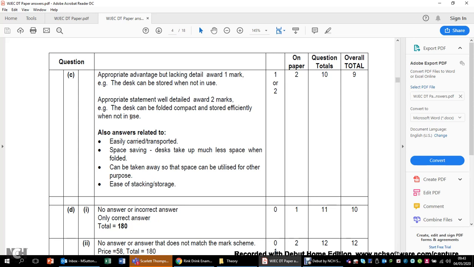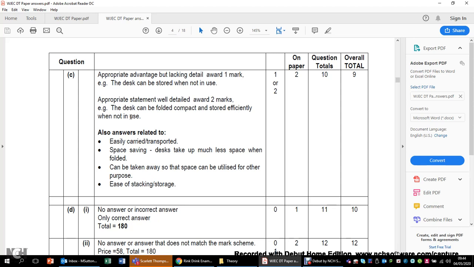Answers could include easily carried or transported. So for example, you could say the desk can be folded and therefore easily transported, say in a car where it can be laid down flat. Space saving: the desk takes up much less space when folded, which means that it can be slid behind objects, or placed in a shed and slipped down the side, and it reduces the amount of space it needs.